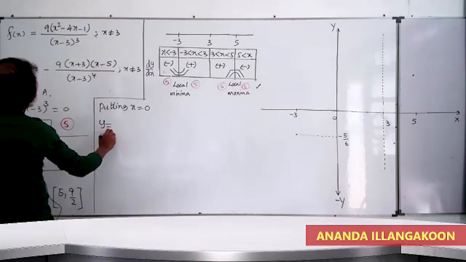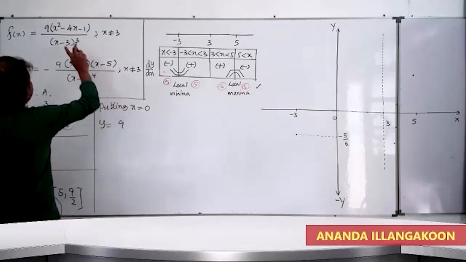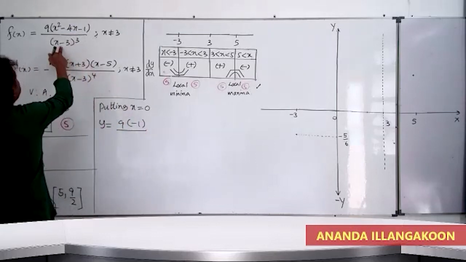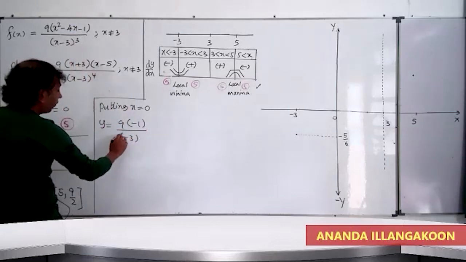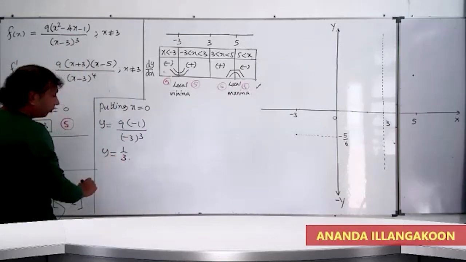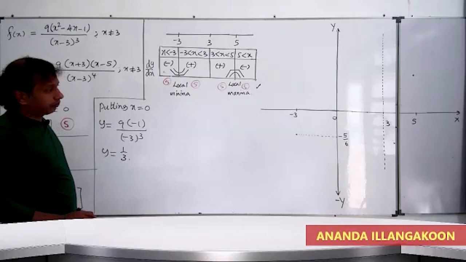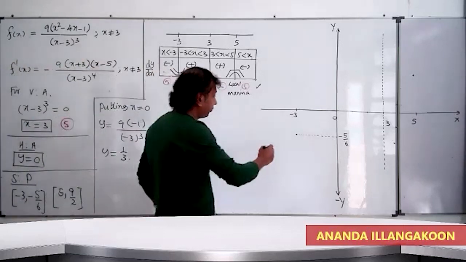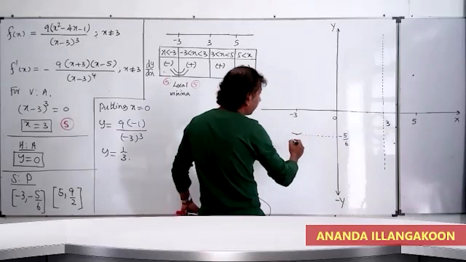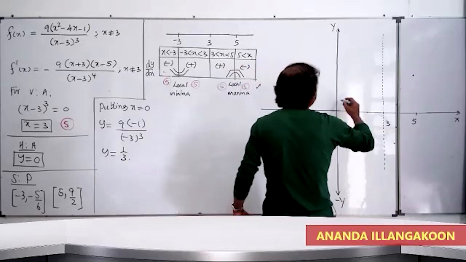Y becomes 9 over 0 minus 1, here minus 3 to the power 3. Y is 1/3. Right. Here this is a minimum graph. One-third.